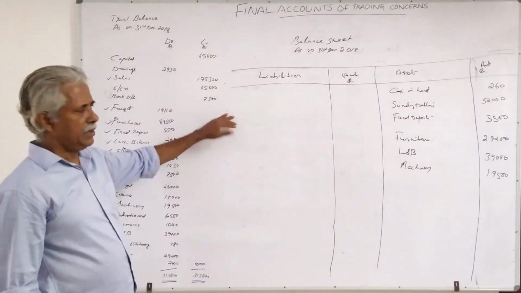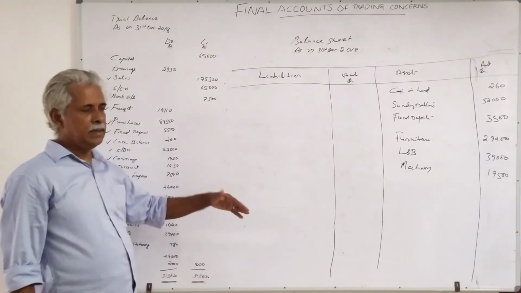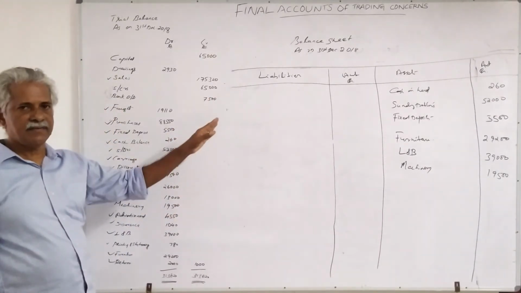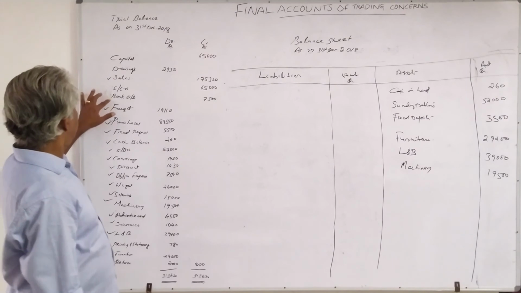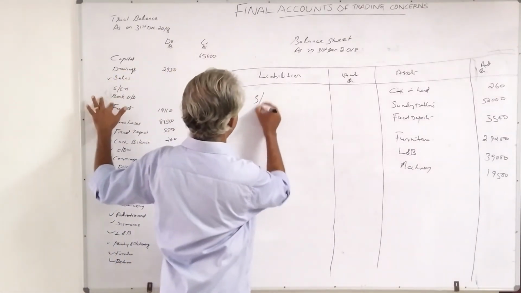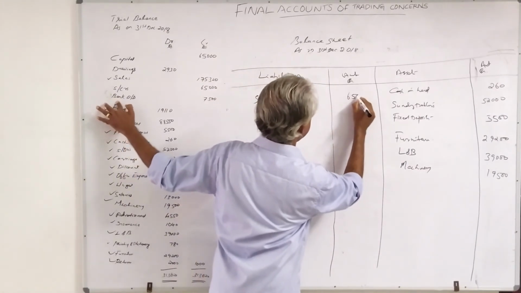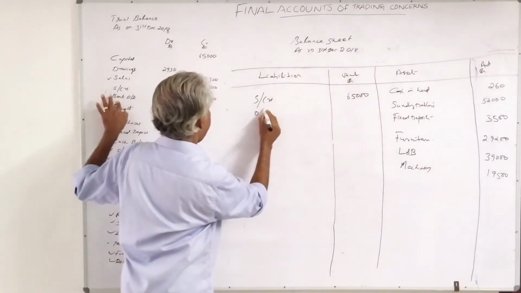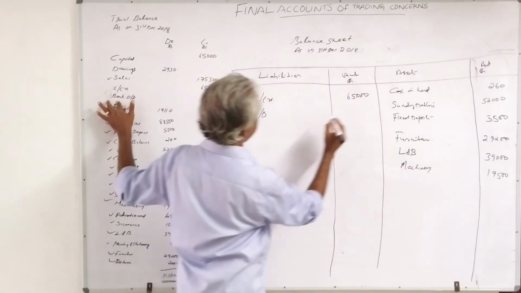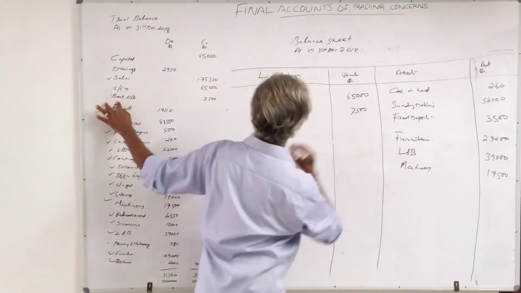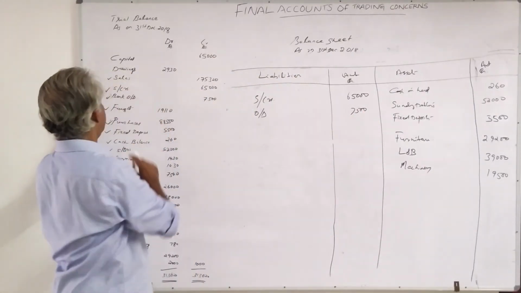Now we have to write the liability side. Here also, if we follow the liquidity order, the current liabilities must be listed first. Here the current liabilities are sundry creditors and bank overdraft. Sundry creditors 65,000 and bank overdraft rupees 10,500. These two items are over.